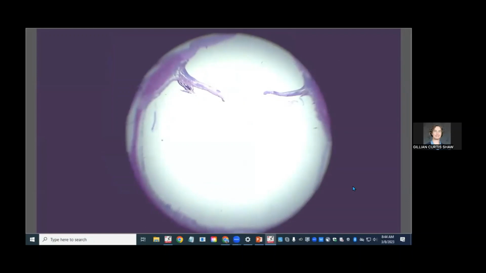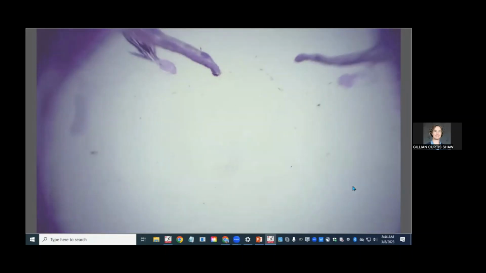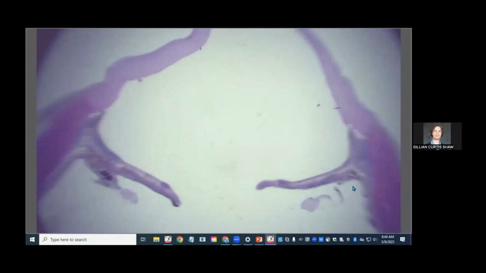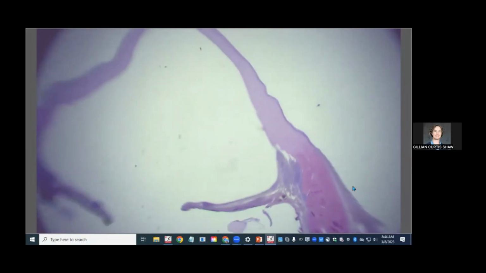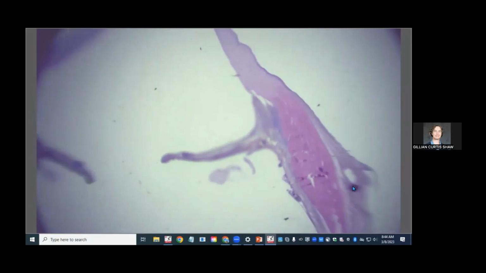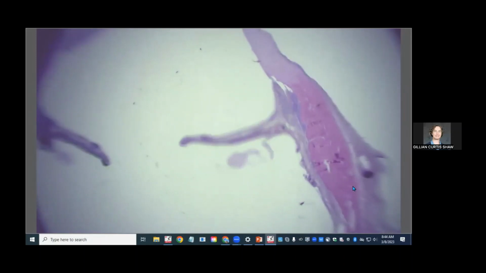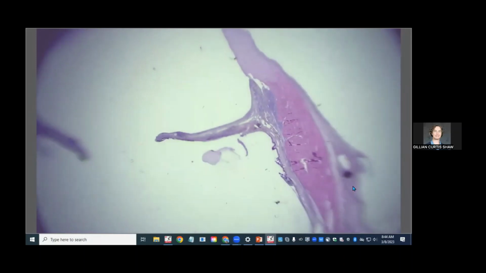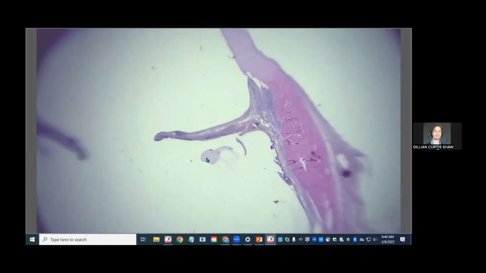All right. I'm going to throw up the left eye, which is the main one of interest. See if we can get a subgross. So here is the eye. We actually have these little balled up pieces of pink stuff in the posterior chamber, which we'll look at closely in a hot second.